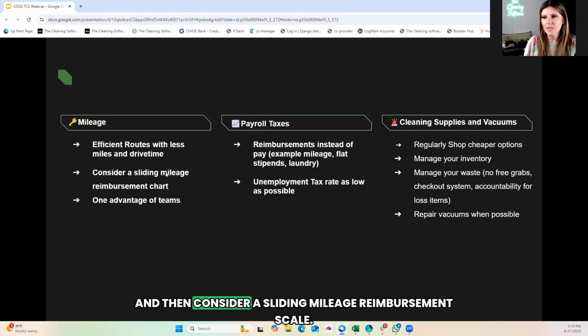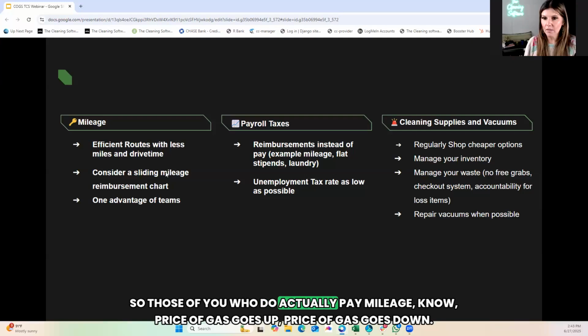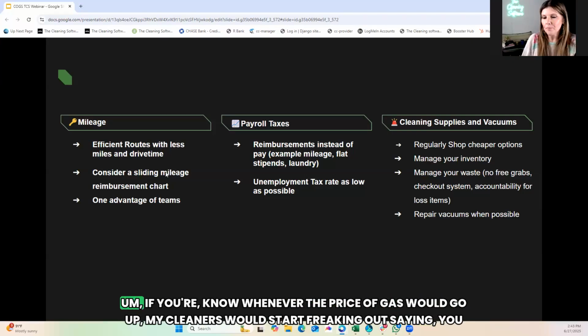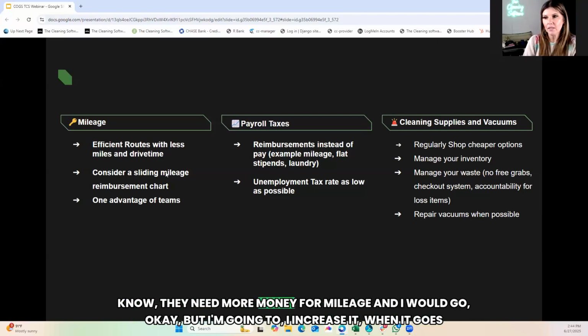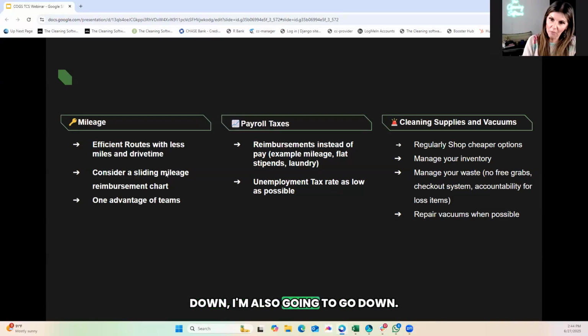And then consider a sliding mileage reimbursement scale. So those of you who do actually pay mileage, price of gas goes up, price of gas goes down. I know whenever the price of gas would go up, my cleaners would start freaking out saying they need more money for mileage. And I would go, okay, but if I increase it, when it goes down, I'm also gonna go down.